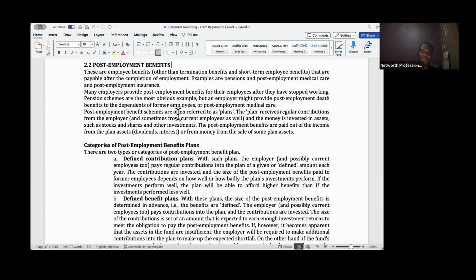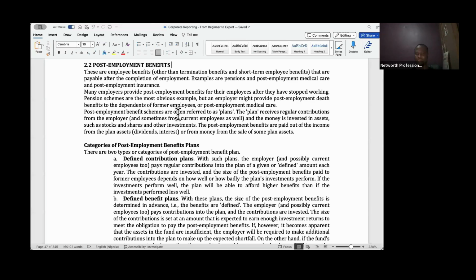So it was specific with the benefits. And that is why for a defined benefit plan, the employer has an obligation for life, because he has to ensure that he meets up with that benefit. He has to ensure that he pays up that benefit.